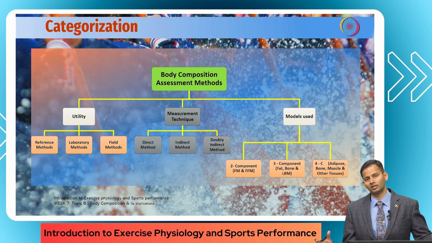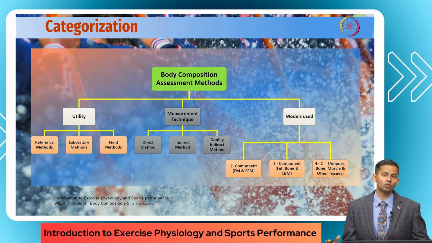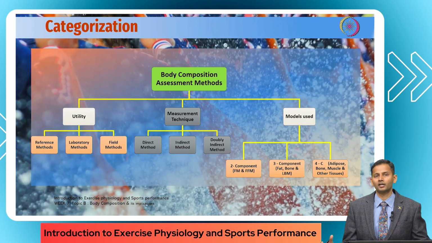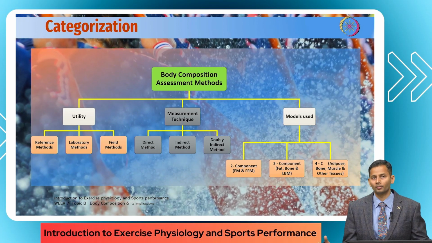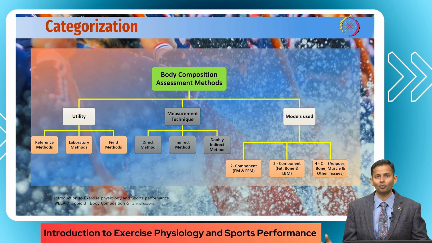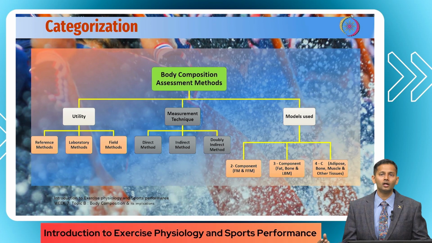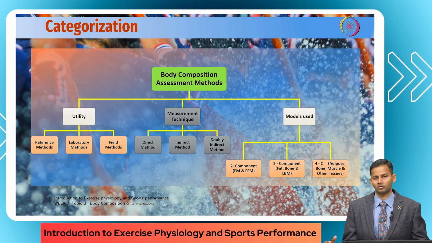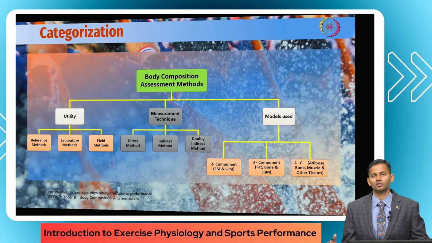Based on the models that are being used, it can be a 2-component model like fat mass and fat free mass, a 3-component model like fat, bone and lean body mass, or a 4-component model: bone, muscle and other tissues including the adipose tissue. So, based on the models you have different types of body composition assessment.